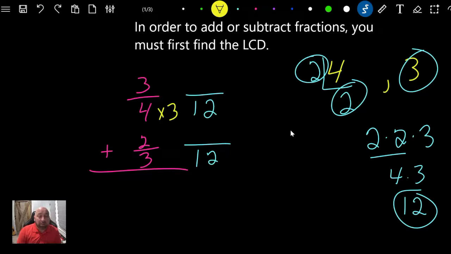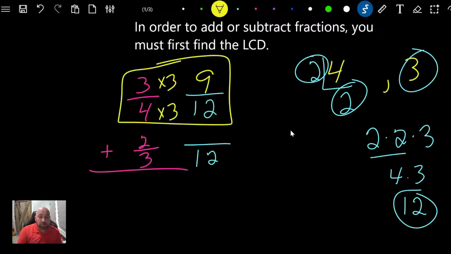How do I make them equivalent fractions? Well, whatever I do to the bottom, I must also do to the top. So if I multiplied the denominator by 3, I need to multiply the numerator by 3. So what is 3 times 3? Well, that's 9. So our new equivalent fraction is 9 over 12.